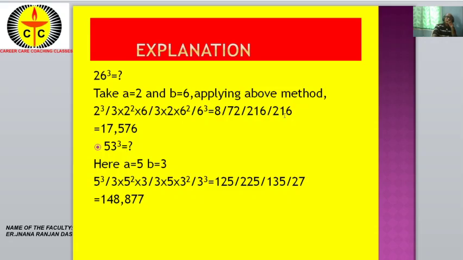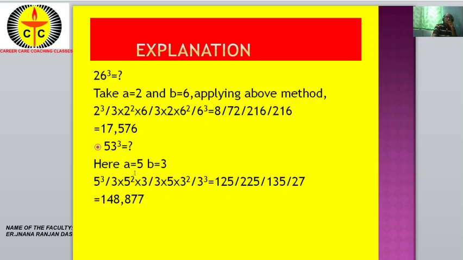By carrying forward the numbers, keeping 6 here, you can find the cube of the number is 17,576.